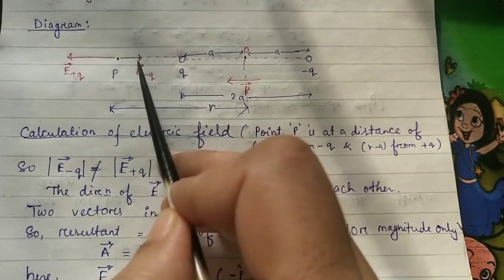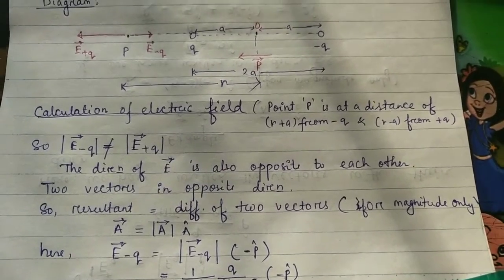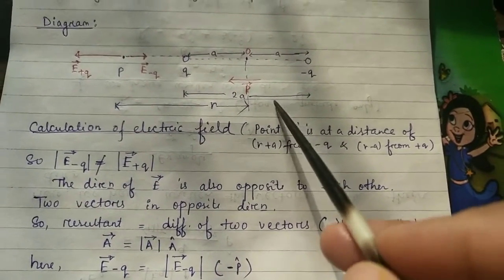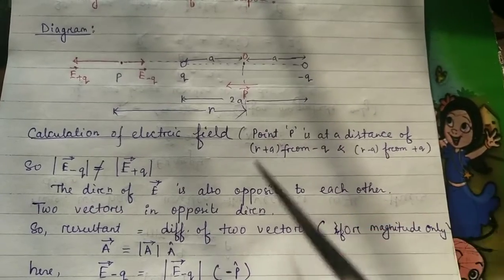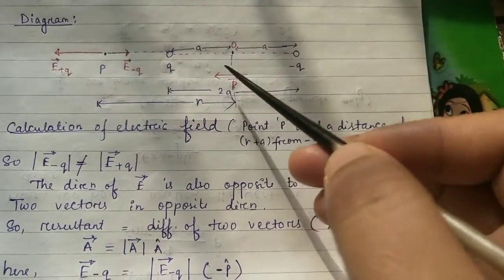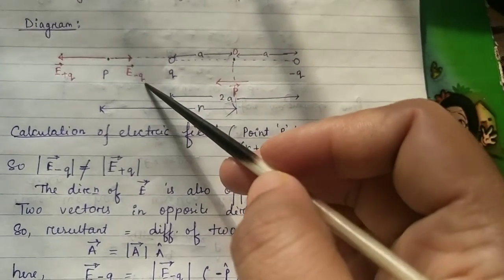You see, how to give the direction of this electric field. Here the dipole is having a direction. We have learned the dipole has its own direction. What is the direction of the dipole? The direction of the dipole is from negative to positive. So with respect to the direction of the dipole, we will assign the direction of the electric field.